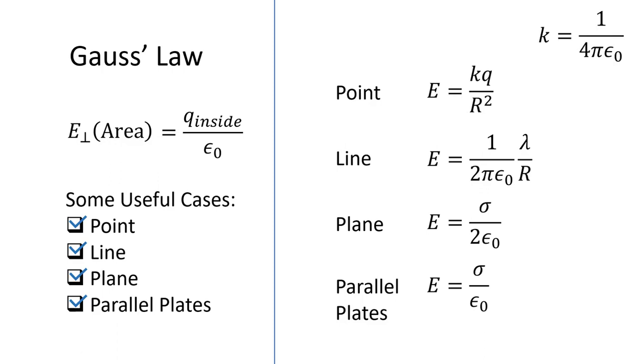And just to connect the two together, Coulomb's law was k q over r squared, where k is the Coulomb constant. Sure enough, if you take the permittivity constant and evaluate 1 over 4 pi epsilon 0, you indeed get the Coulomb constant. So Gauss's law is very fruitful in giving us all of these formulas.